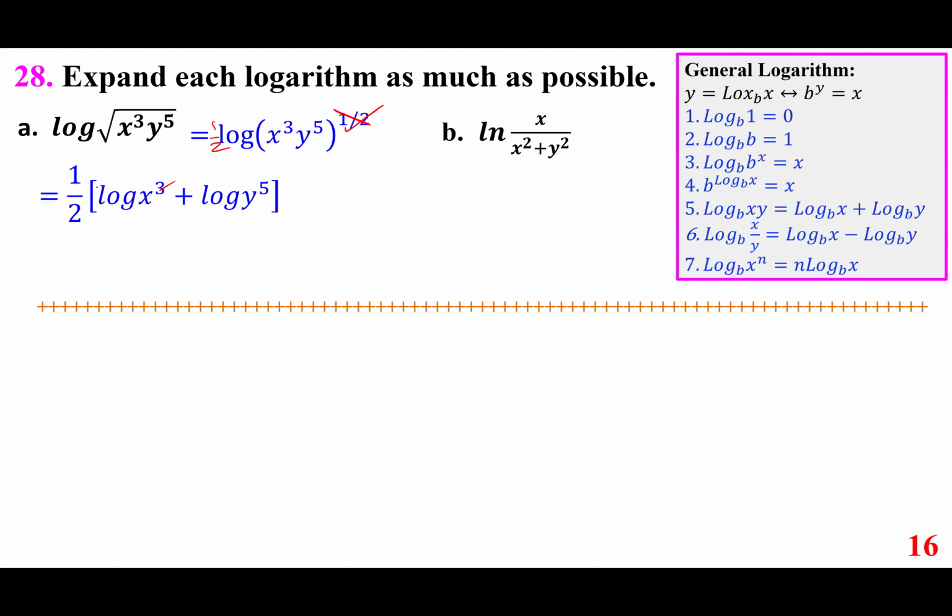We get rid of the 3, we put it in front. We get rid of the 5, we put it in front. And now we multiply by 1/2. We get 3/2 log x plus 5/2 log y. So it's pretty straightforward, everybody.